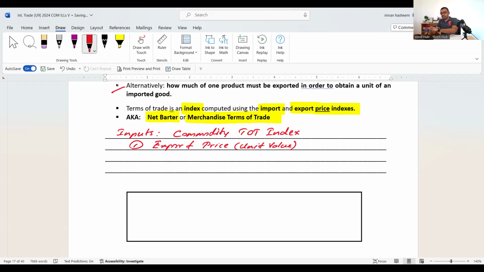Value of 1 unit of any product is the price of that unit. I'll repeat. Value of 1 unit of any product is the price of that product. Yes or no?